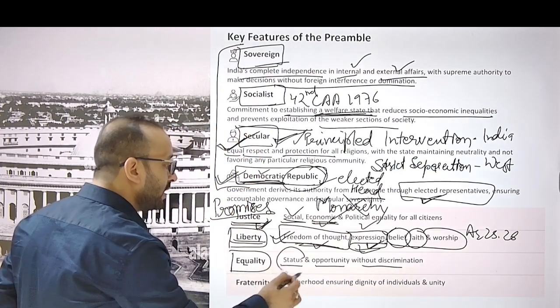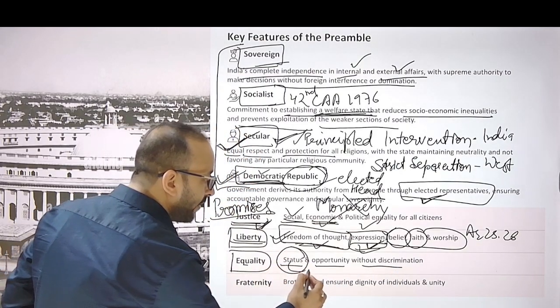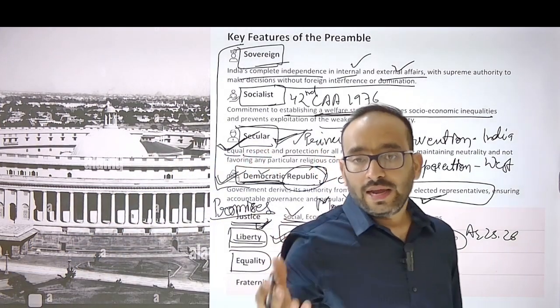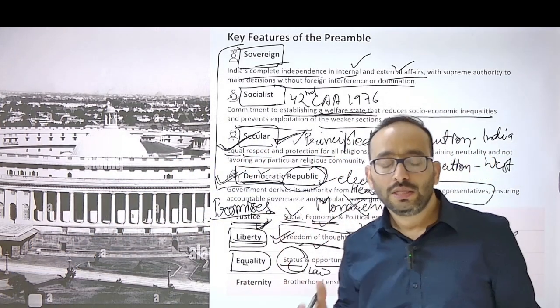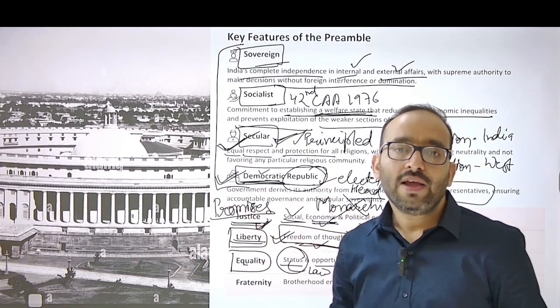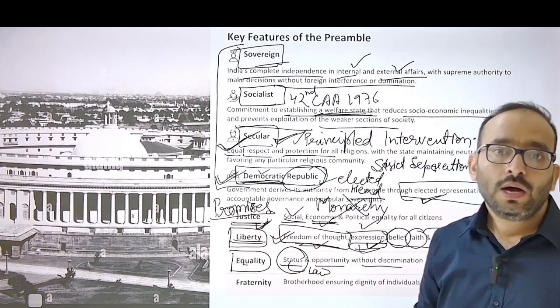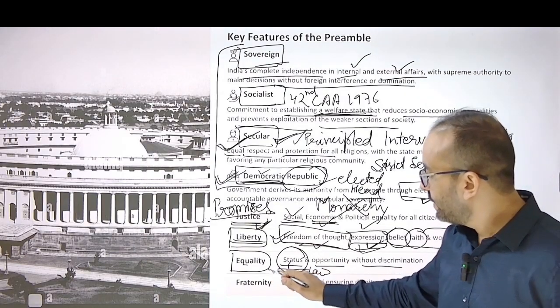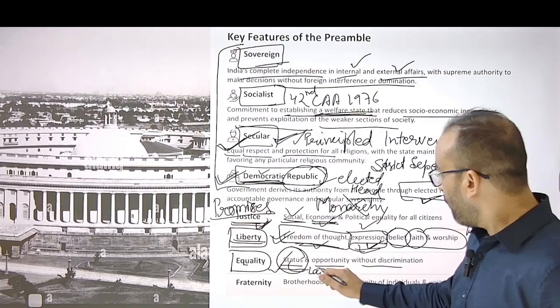Now, equality of status is in front of the law. That is, in the court of law, every person, whether from a very affluent society or from a weaker section, is equal before the law. So equality of status. Then opportunity.